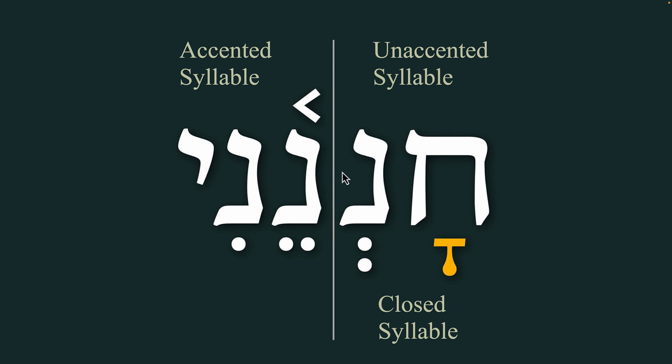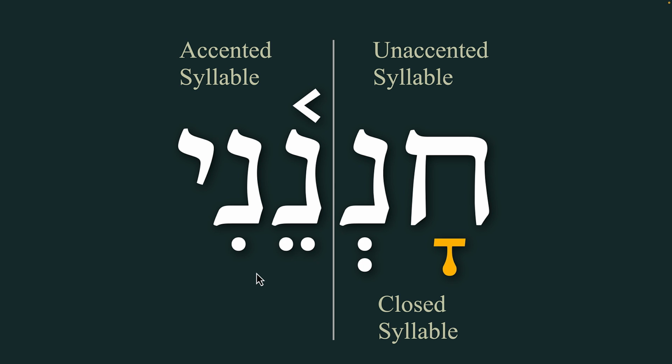Therefore, when you split it like this, this syllable is actually closed. Since this is a closed syllable and an unaccented syllable, we treat it with a short vowel, which is Qamats Qatan, and therefore we pronounce chonneni.